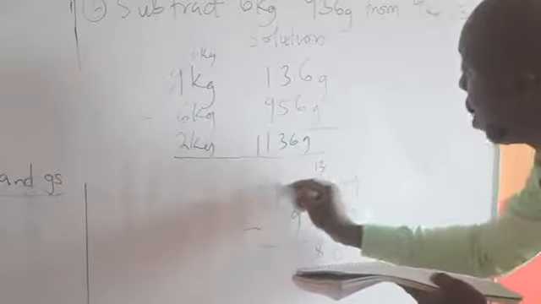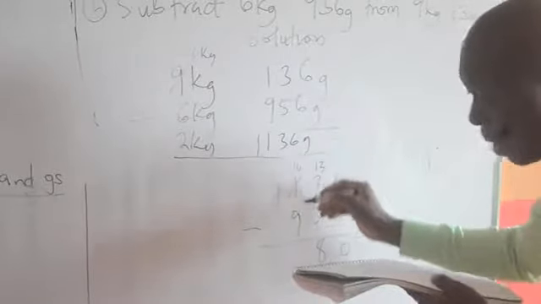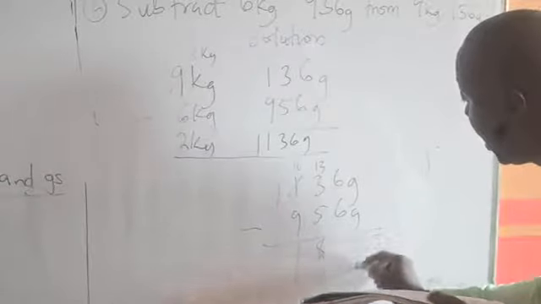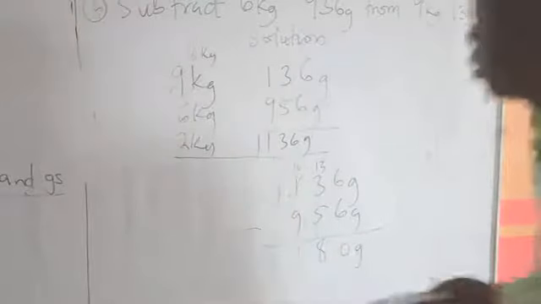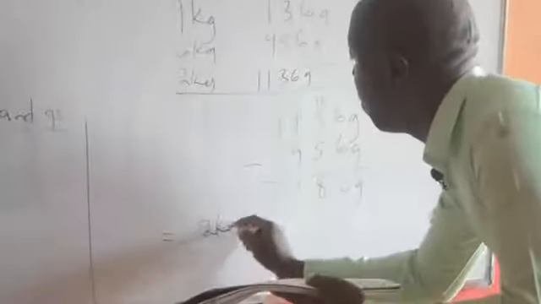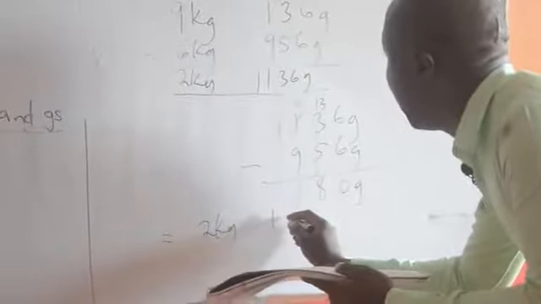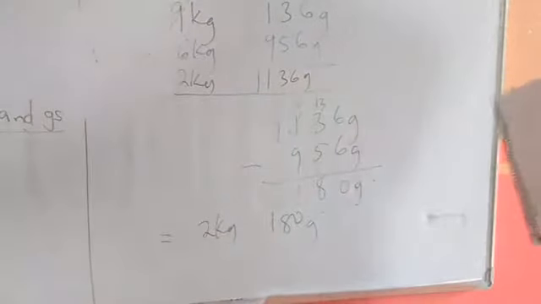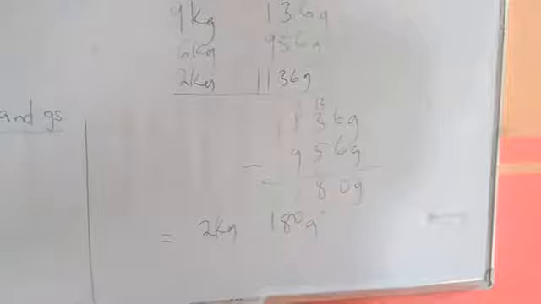And we borrow 1 from this, we'll have 10. 10 minus 1 will give us 8. We'll have 180 gram. So our final answer now is 2 kilogram 180 gram.